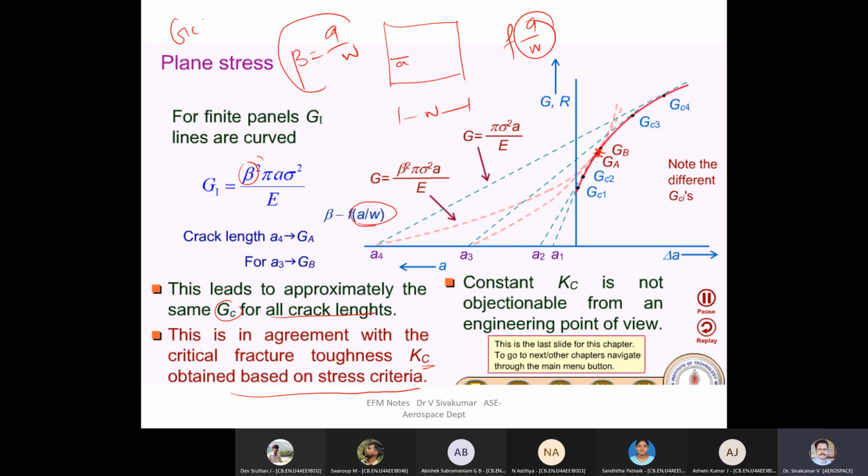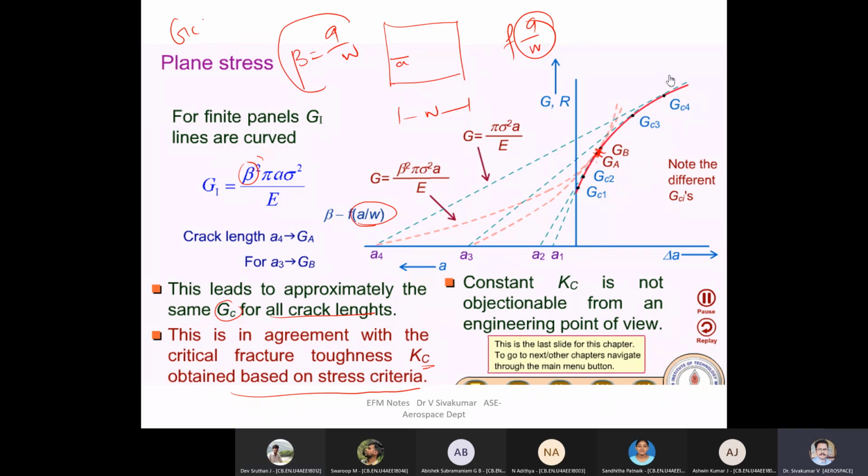Is it clear? Yes, sir. So does it conclude that every stable fracture is followed by an unstable fracture? Yes, but for that we are alleviating by including the factor beta.